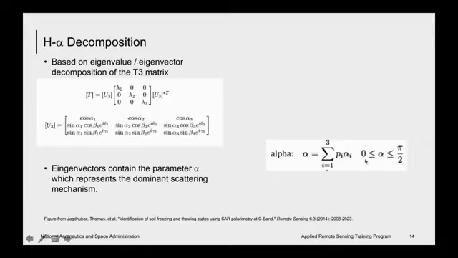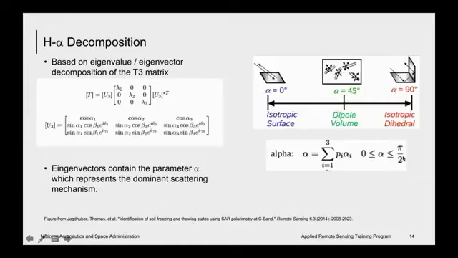It ranges from 0 to 90 degrees. And this is what it represents. So alpha angle closer to 0 means we have a surface. You have surface scattering. As you get closer to 45, you have volume scattering.